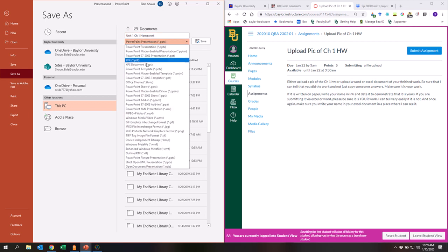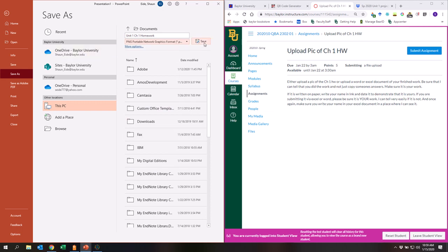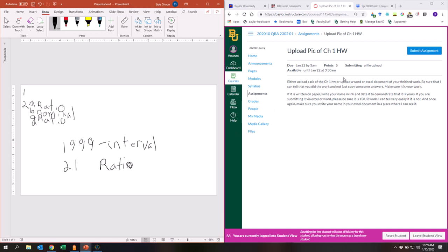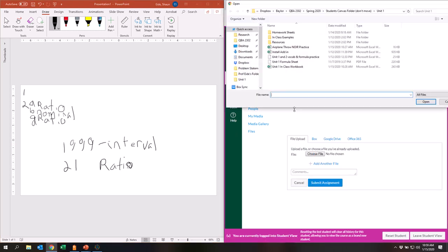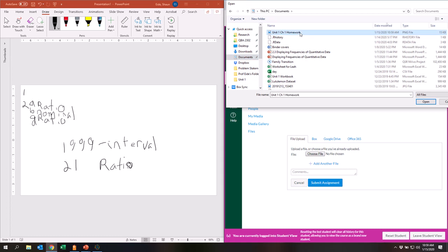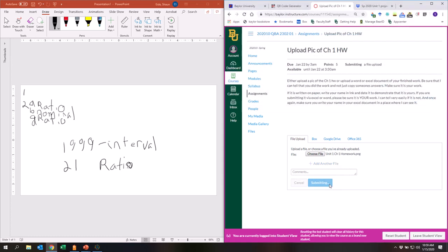And we're going to save it as an image. Just this one. And so then I'm going to submit the assignment. Choose file. Let's go to documents. There we go. Submit. And we are done.